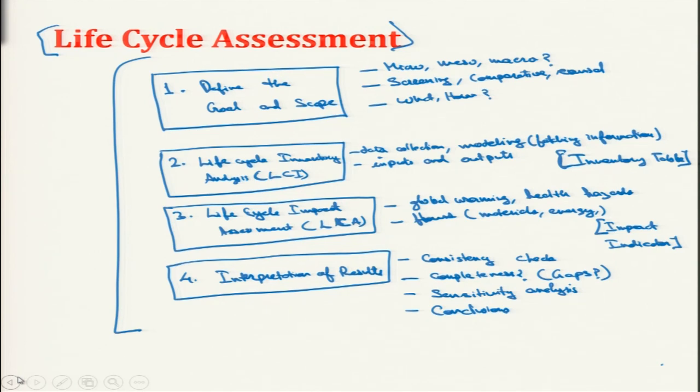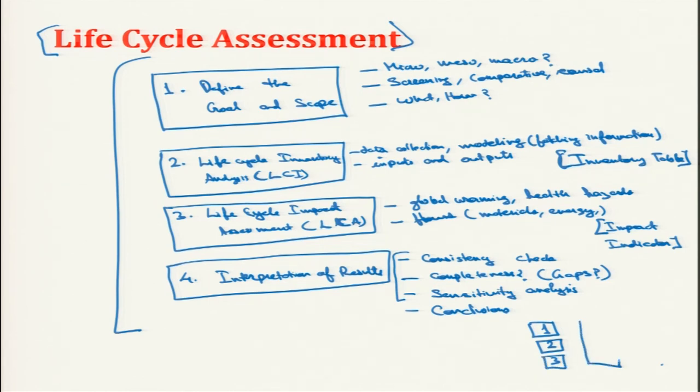If we take off the conclusions from here and just consider these three parameters, people have even defined it in a way that the interpretation of results goes hand in hand with the first three steps. For instance, this is step 1, 2 and 3. Step 1 is defining the goal, step 2 is life cycle inventory, then this is life cycle impact analysis.